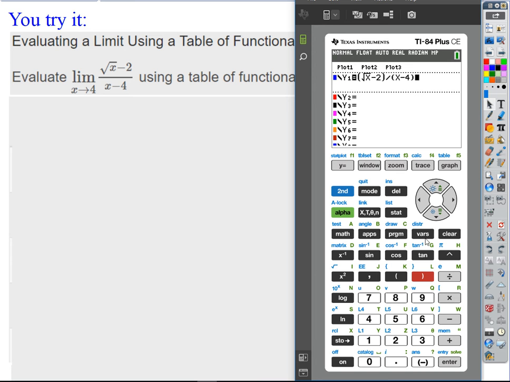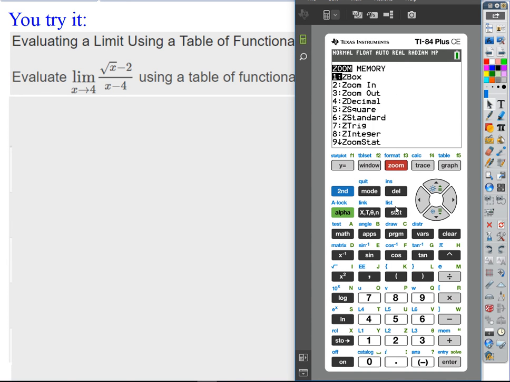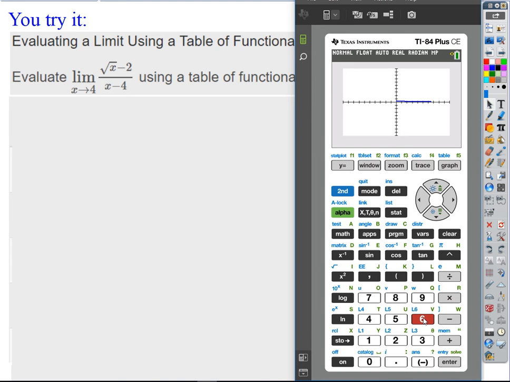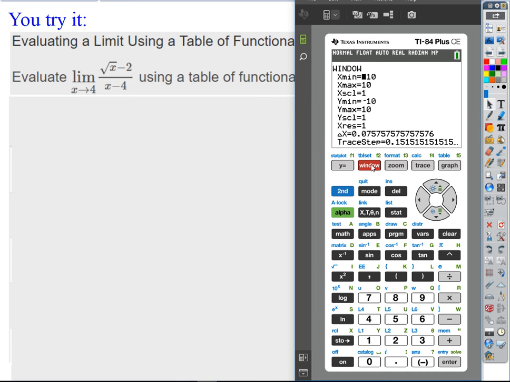Okay, so obviously one thing you could do is you could graph it. So if we go zoom 6, zoom standard, that's not a very convenient window, is it? Okay, so it looks like x is approaching 4, so we don't need such a big window in terms of x's. Let's take our window and instead go from 3 to 5.